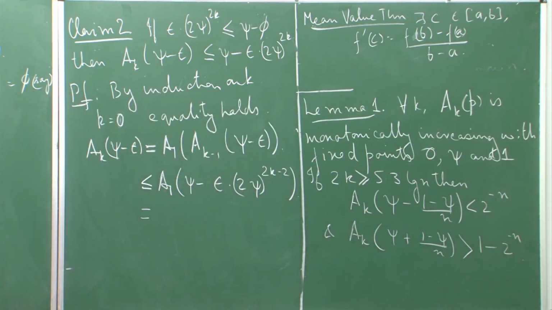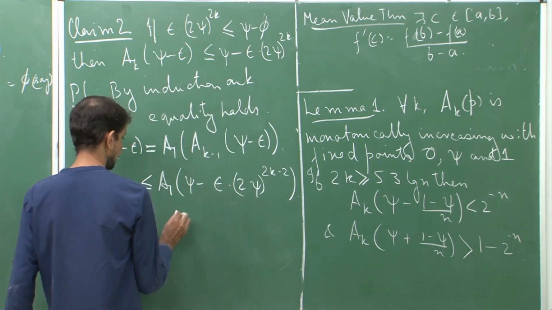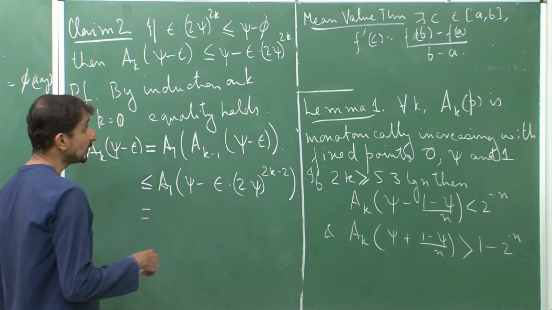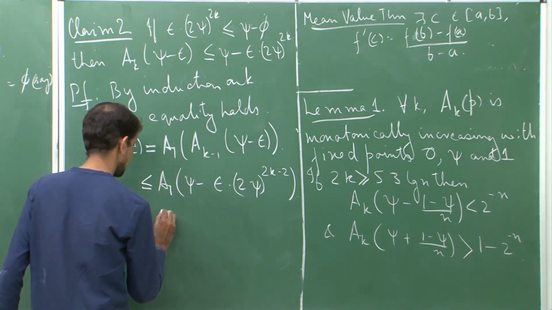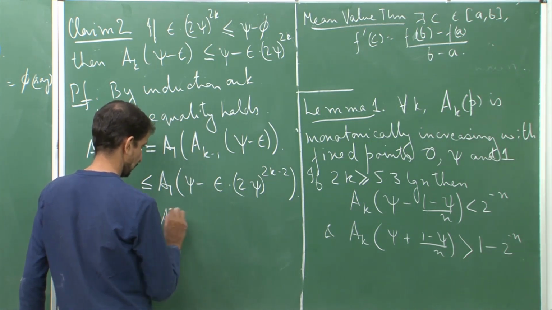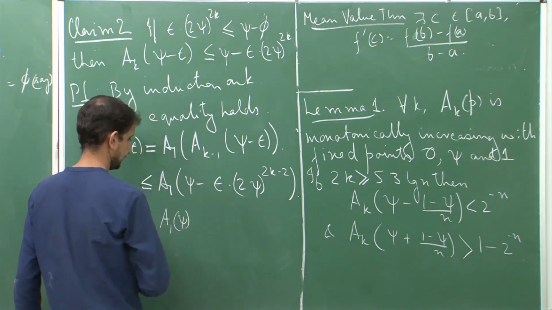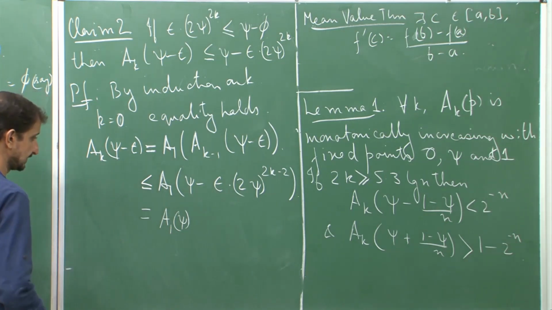So, what do we get from here? What do we consider as b and a here? What we want is a_1 of psi, which is good for us because a_1 of psi is nothing but psi.